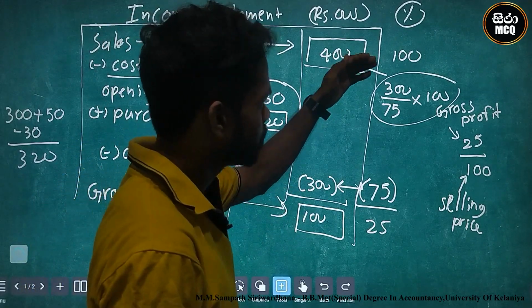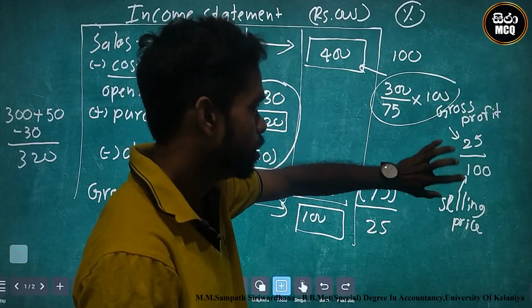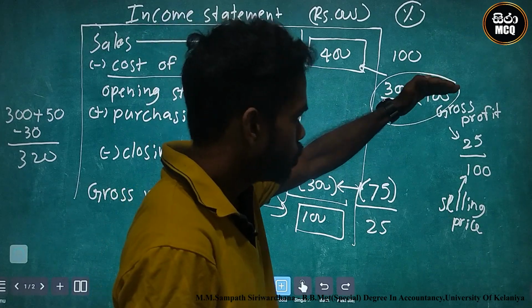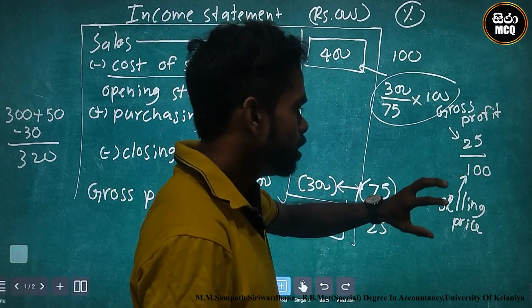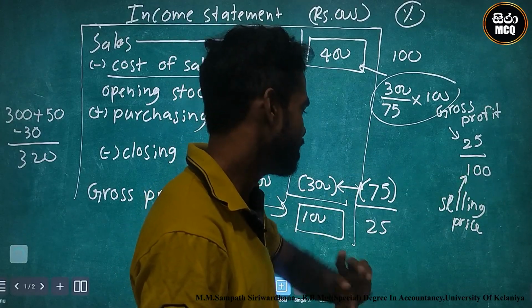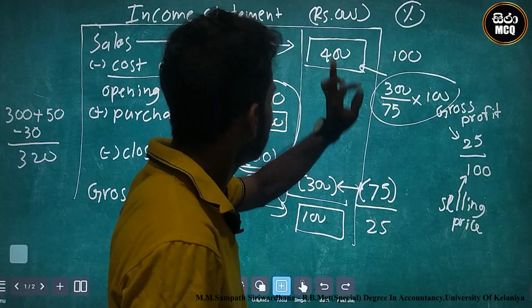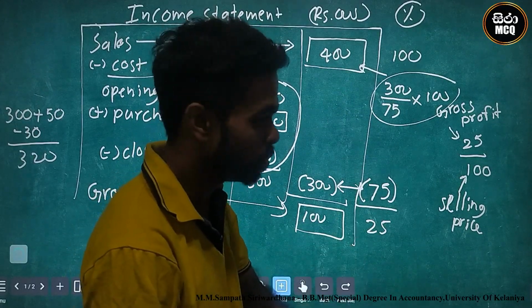You should identify the meaning of the gross profit margin. Gross profit is 25. This you know. Based on selling price. Okay, on selling price means 100 is selling price. If the 100 is selling price, 25 is gross profit. The gap is cost of sale.